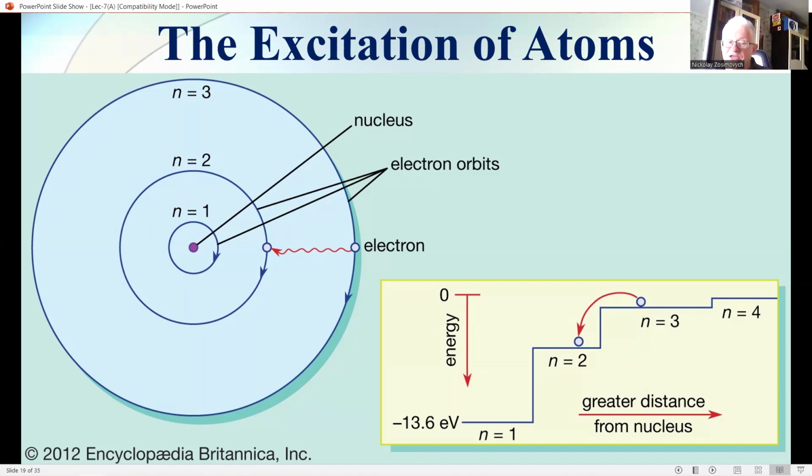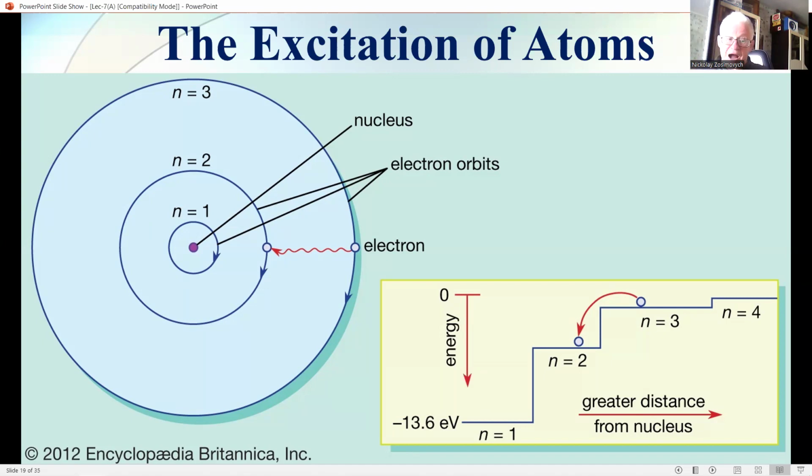The amount of energy needed to move the electron is the energy difference between the two energy levels. If you move the electron from a low energy level to a high energy level, the atom becomes an excited atom. That is, you have added energy to the atom by moving its electron.